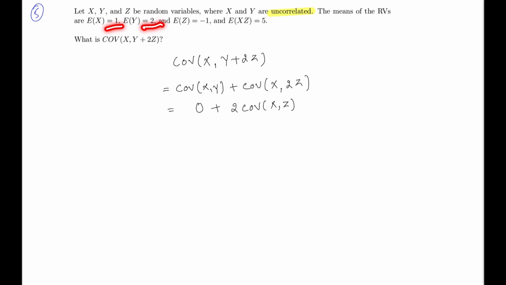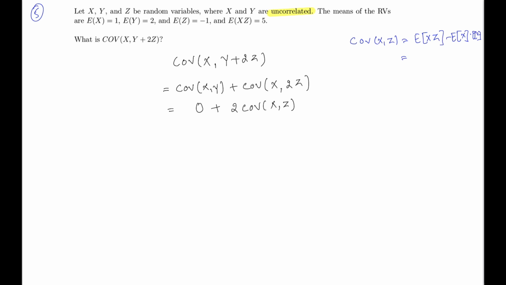We have more info. Using the alternative formula, the covariance of x comma z is nothing but the expectation of the product of x and z, which is also given, minus the product of the individual expectations, that is the expectation of random variable x times the expectation of random variable z.